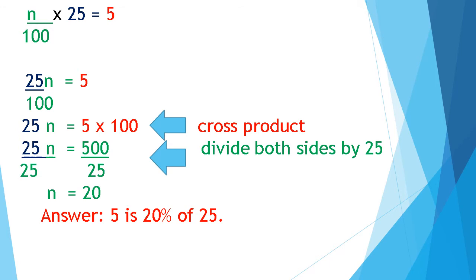So we cancel 25 and the other 25. So the remaining is n. Then 500 divided by 25, the answer is 20. So n is equal to 20. So the answer is 5 is 20% of 25.